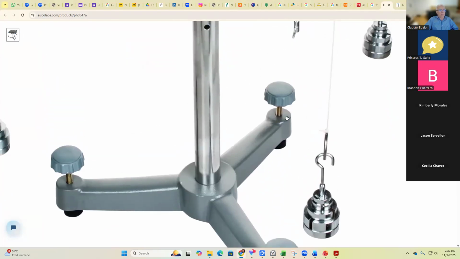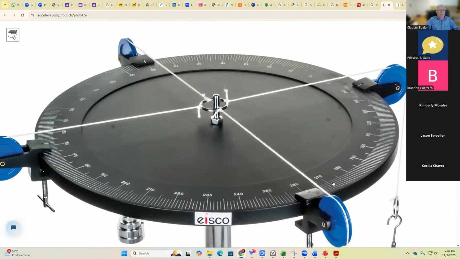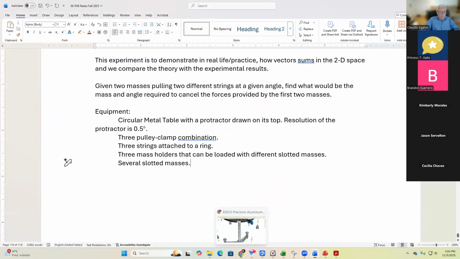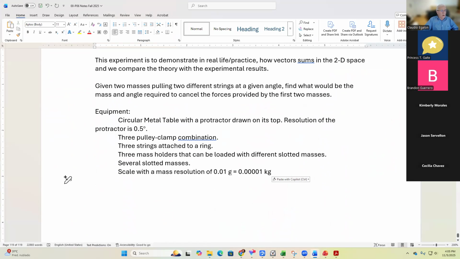Several slotted masses. The scale that we used before in the experiment of the spheres, the scale with a mass resolution of 100th of a gram. A circular metal table.